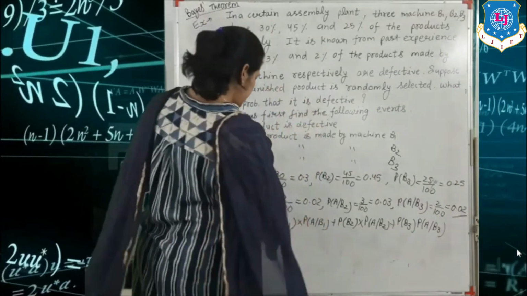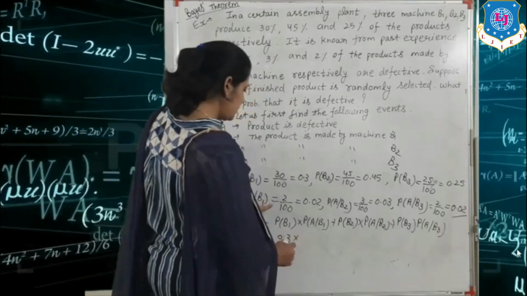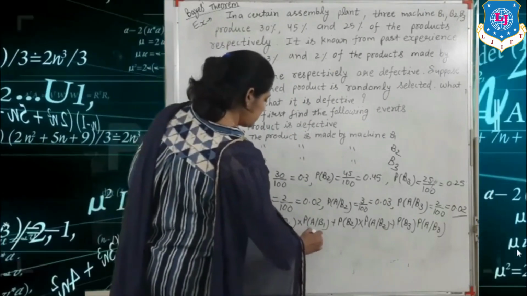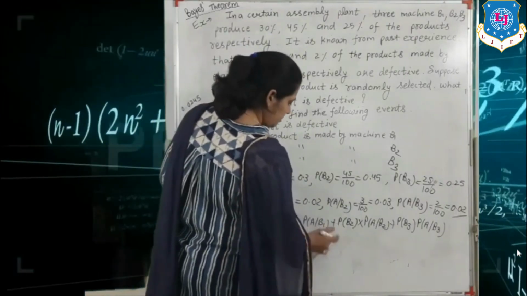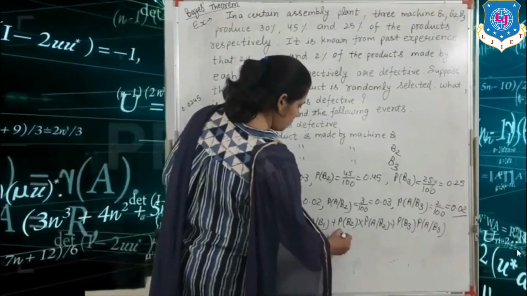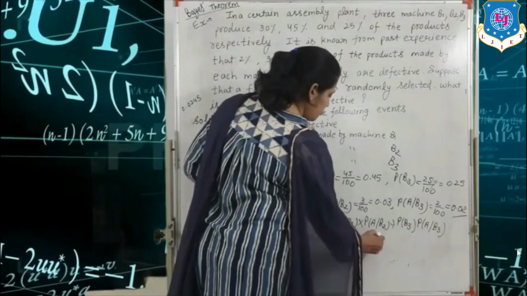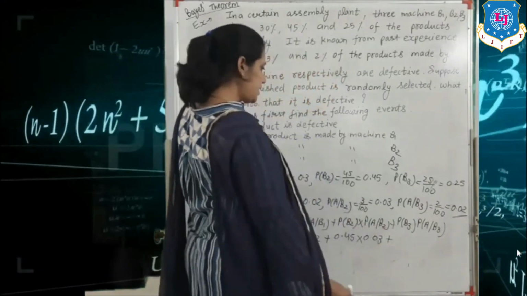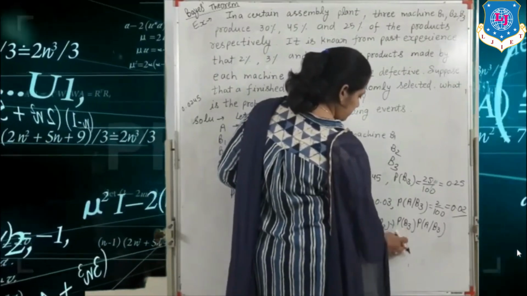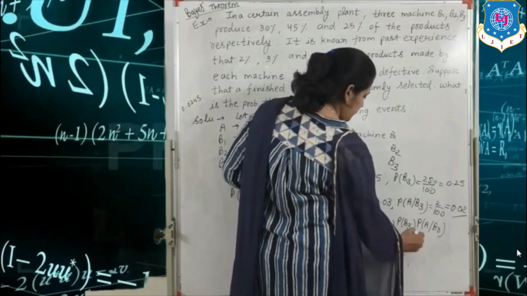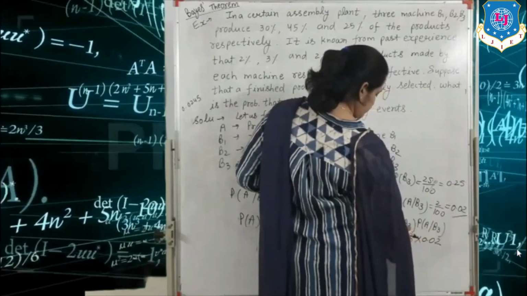Okay, so put all these values. Probability of B1 is 0.3 into A/B1 0.02, plus probability of B2, which is 0.45, into A/B2, so 0.03, plus probability of B3, that means 0.25 into A/B3 0.02.